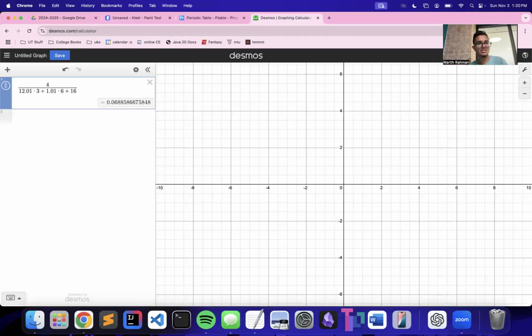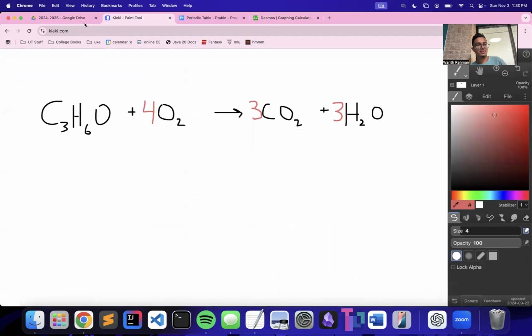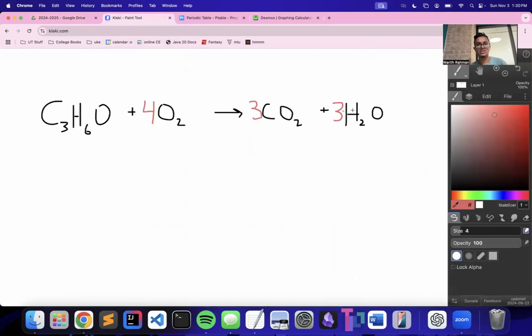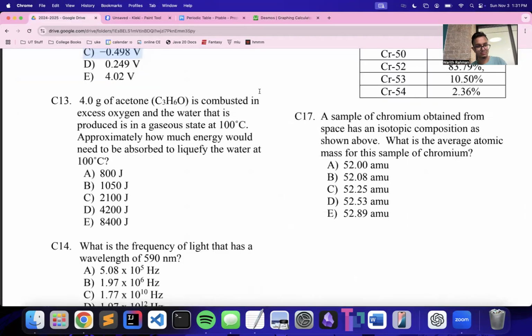This is because we want our number of moles. And this amount of moles is going to create, we're focusing on the water, so every mole of this produces 3 moles of water. So this is how many moles of water we have. Multiplying this by the molar mass of water gets us 3.72 grams of water.